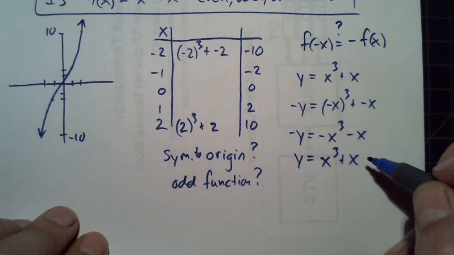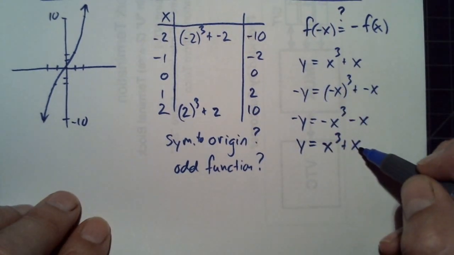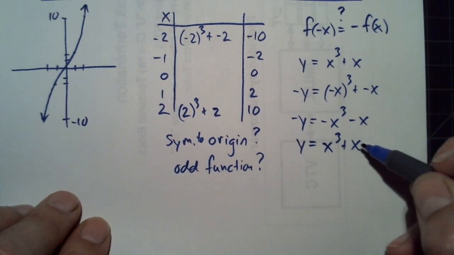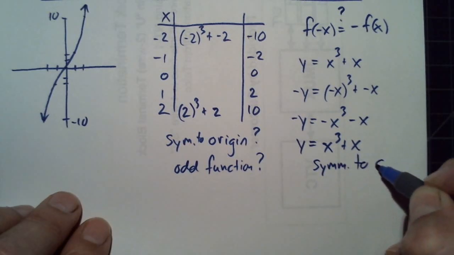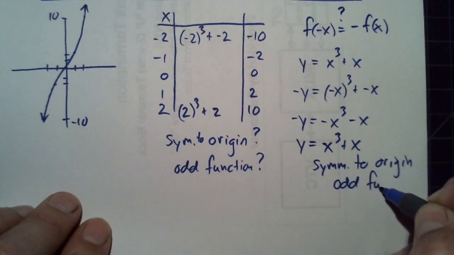If we change the y and the x, we still have the same equation. So we know it's symmetric to the origin, and that means it's an odd function.